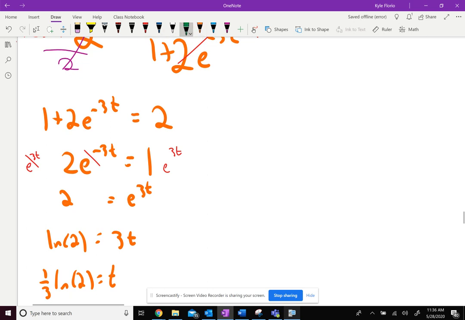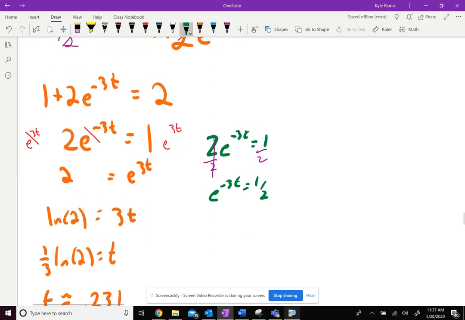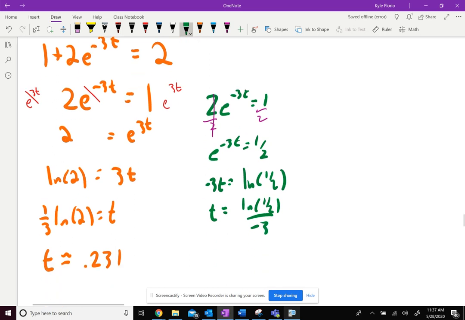A way I could have handled this, when I had 2e to the negative 3t equals 1, I could have just divided both sides by 2 and then got e to the negative 3t equals 1/2. Then take the natural log of both sides, and then negative 3t equals the natural log of 1/2. Then divide both sides by negative 3. And the natural log of 1/2 divided by negative 3.